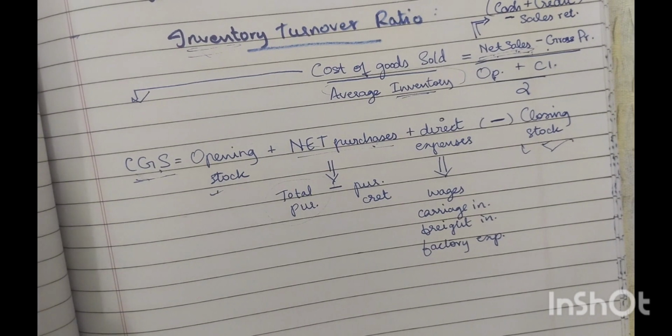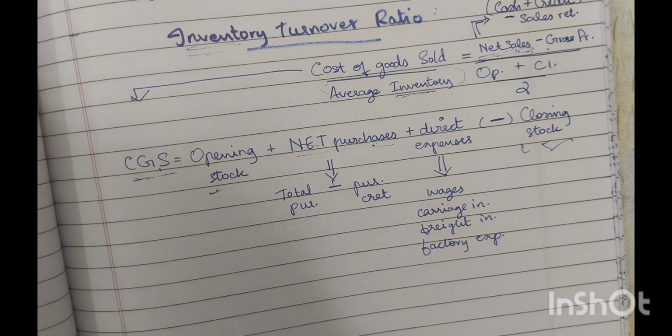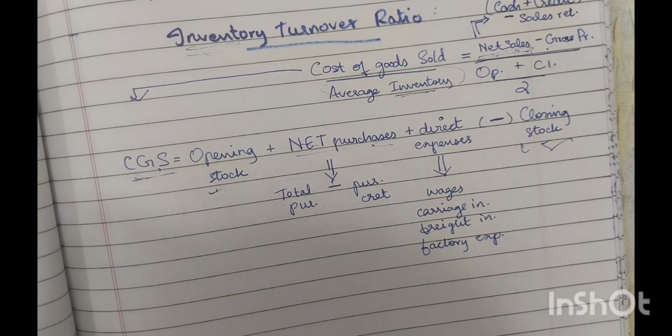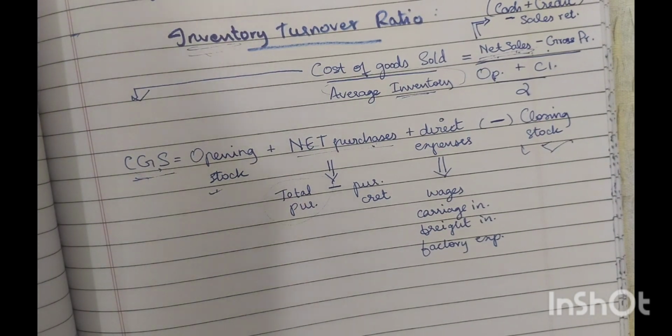But again, there's another point: if the inventory turnover ratio is very high, it shows overtrading, which means there's a working capital shortage. And a very low inventory turnover ratio means that we're not optimally using our inventory in the company.